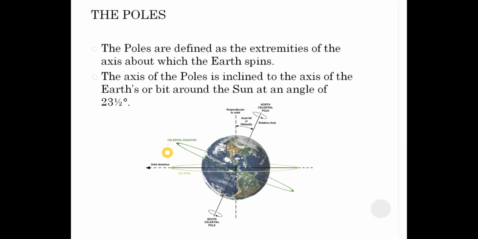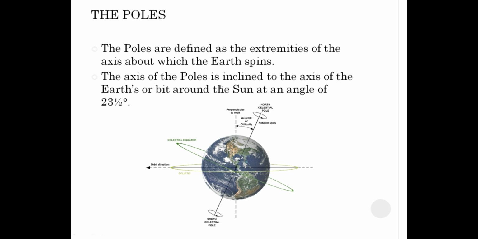Now let's define the poles. The poles are defined as the extremities of the axis about which the earth spins. You know that the earth is tilted and is rotating around its axis and also around the sun.